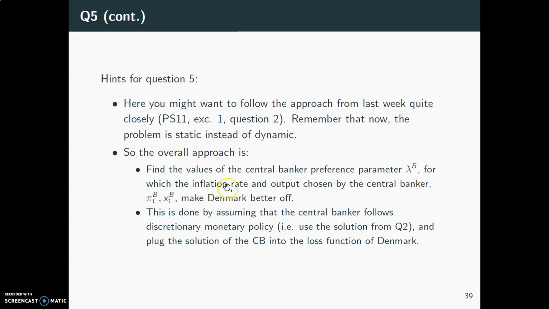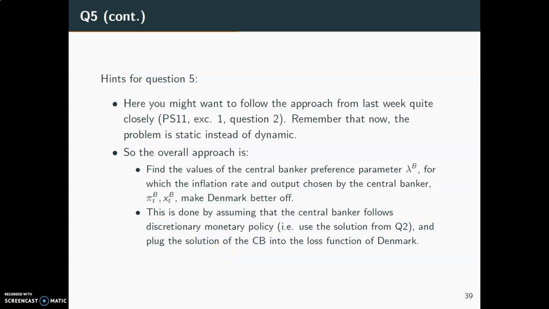So the overall approach is to find the values of the central banker preference parameter lambda b for which the inflation rate and output chosen by the central banker, so that's pi tb and xtb, make Denmark, this country D here, better off. This is done by assuming that the central banker follows discretionary monetary policy, so you can use the solution from question 2 to characterize the behavior of the central banker based on the central banker's preferences, and plug the solution into the loss function of Denmark, right?